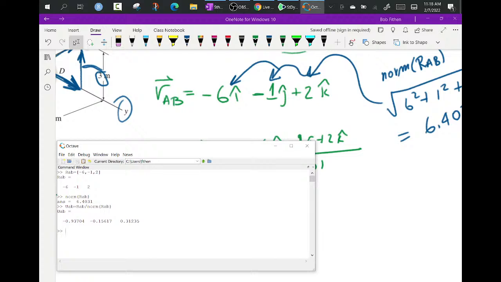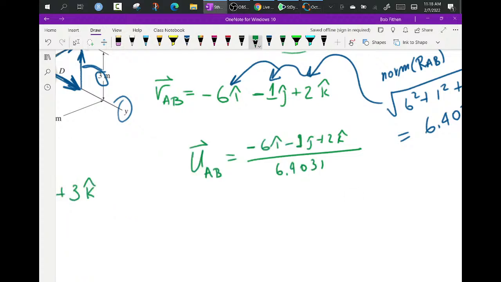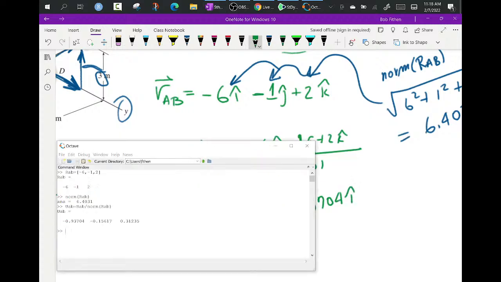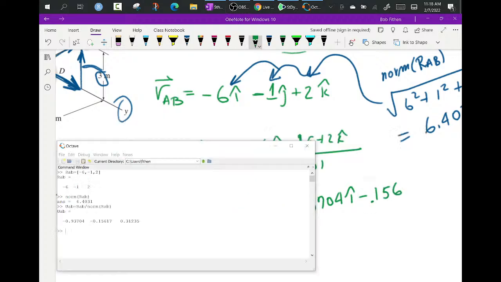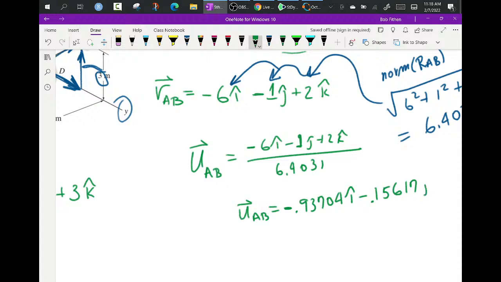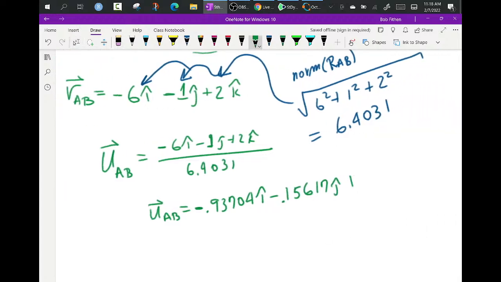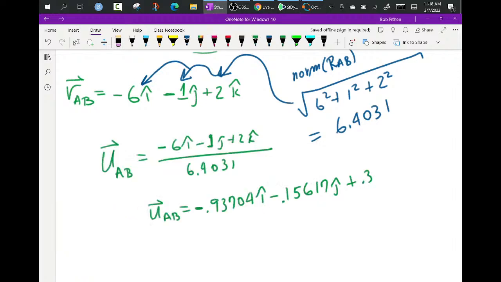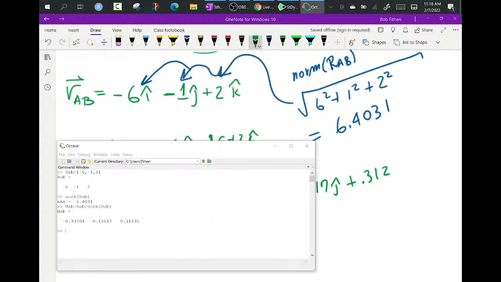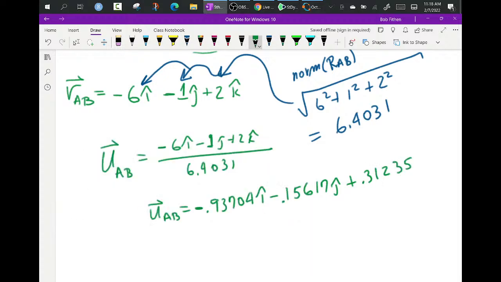Okay, minus 0.937. Is equal to minus 0.93704i, minus 0.15617j, and then plus 0.31235k.